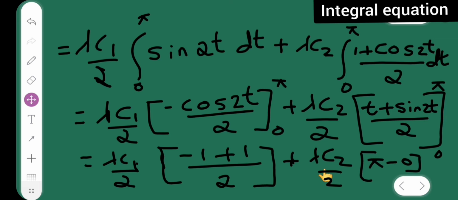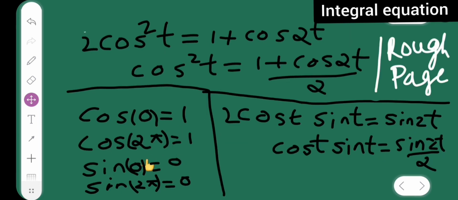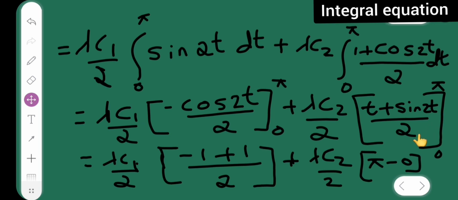So here lambda c2 upon 2, write it as it is. This in terms of pi is pi minus 0, so this is pi. Then sine of 2 pi is 0 and sine of 0 is also 0. So what I will get finally is pi minus 0.